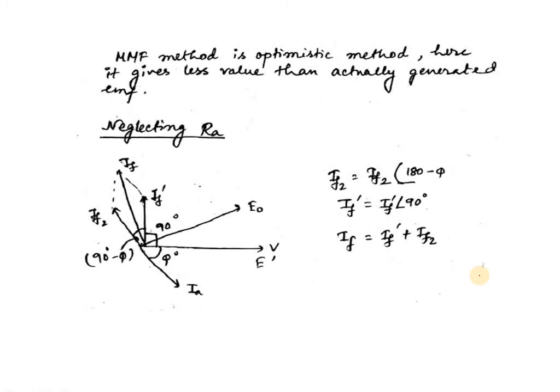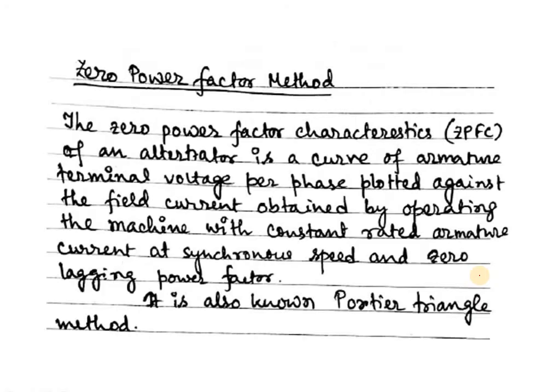And here IF2 is IF2 angle 180 minus phi, IF dash is IF dash angle 90 degrees, and IF is the combination of IF dash plus IF2. So in that way we can write it.